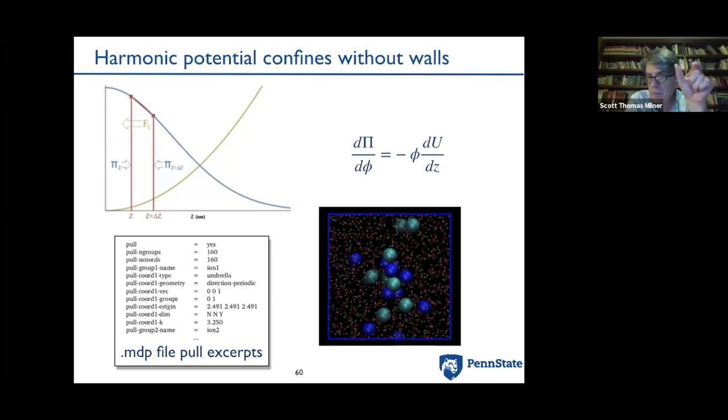And that, if you take the differential limit, leads to the differential equation at the upper right, where the osmotic pressure, pi, is obeying a differential equation, which, because we know u and can measure phi, we can actually integrate to get pi.